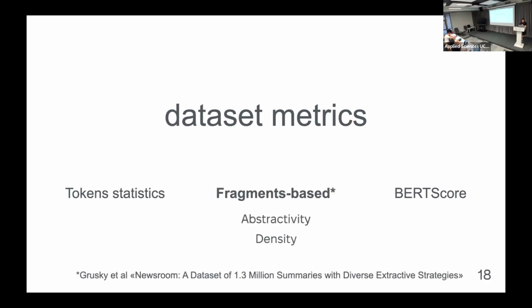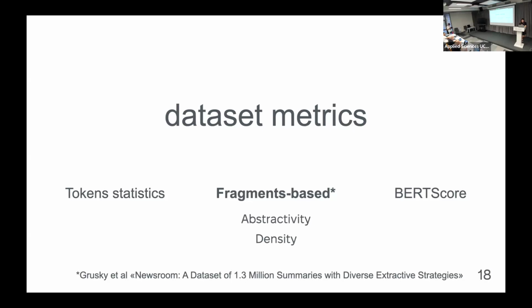For example, the basics were token statistics, like the number of tokens, the ratio between the number of tokens in the summary and the text, and the amount of sentences. Another approach was fragment-based, which measures the overlapping fragments between the summary and the reference text.